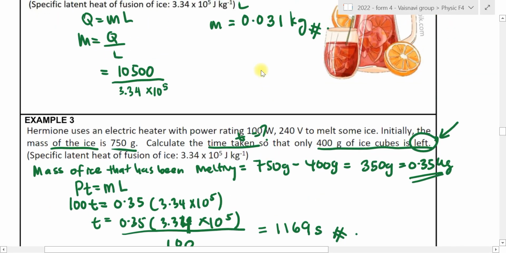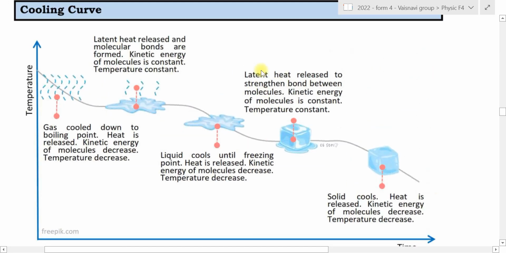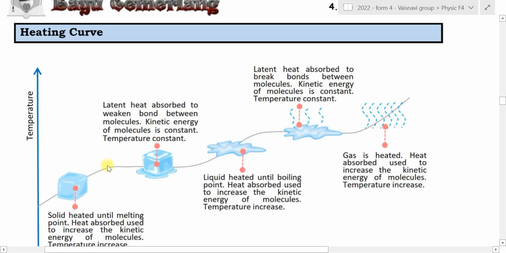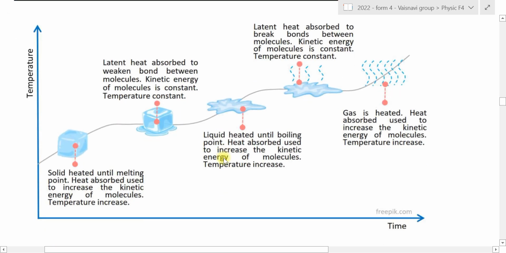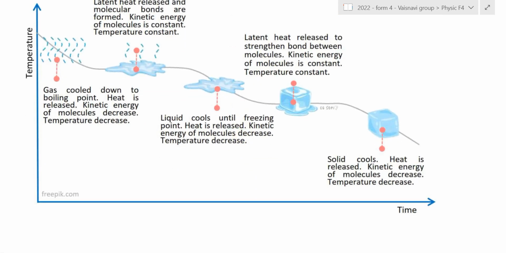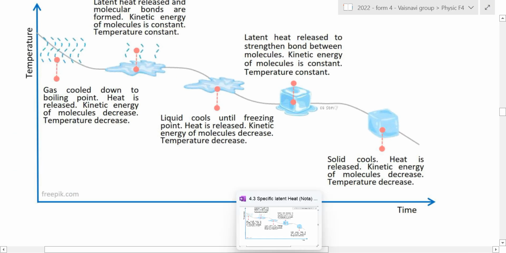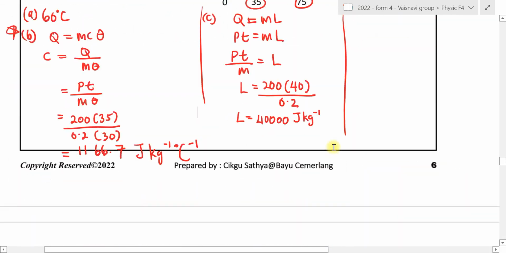Okay, yang tu kena belajar dekat sini. So latent heat absorbed to weaken the bond between molecules. Kinetic energy molecule is constant. Temperature is constant. Yeah, okay. Bahagian ni saya explain next week lah.